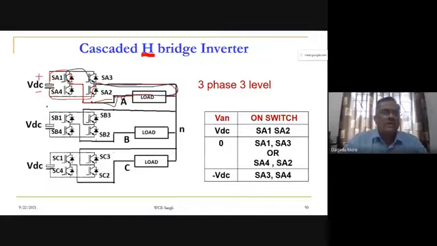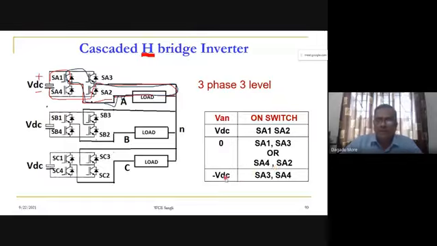Or whenever the lower two are on, again our load will be shorted, and when the load is shorted, VAN will be 0. So the load will be shorted whenever our two upper switches SA1 and SA3 are on, and also when SA4 and SA2 are on. So this is the case.